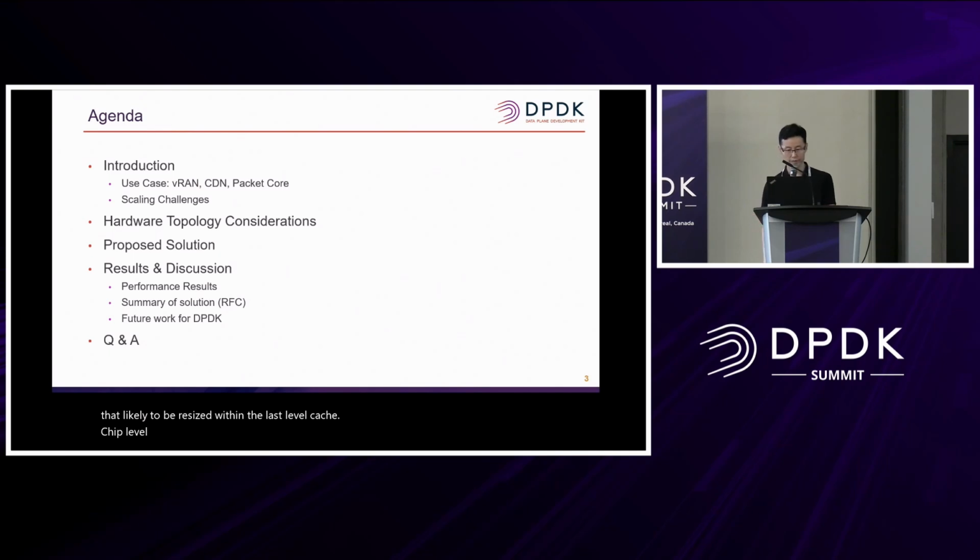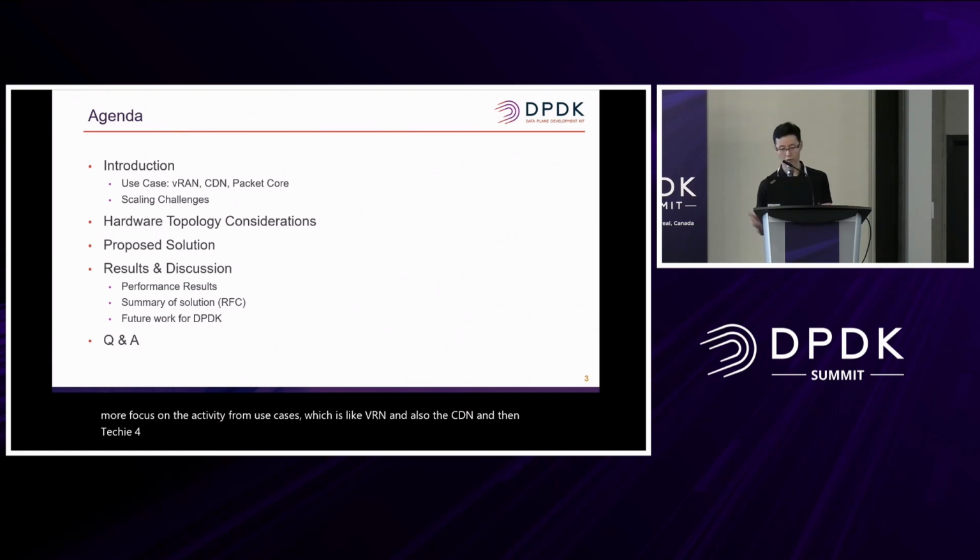So what is the difference in performance? We're going to show it in a later slide, using our new prototype and design. There are multiple use cases, but I'm going to focus on three different ones: vRAN, CDN, and packet core.